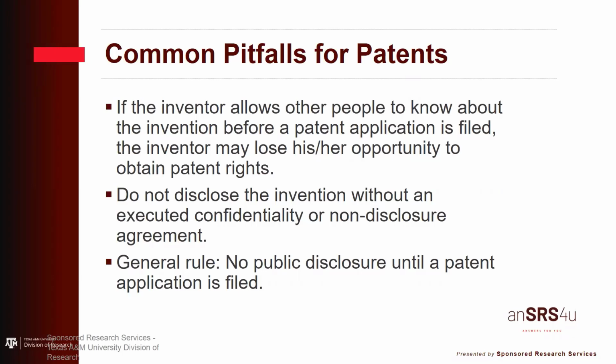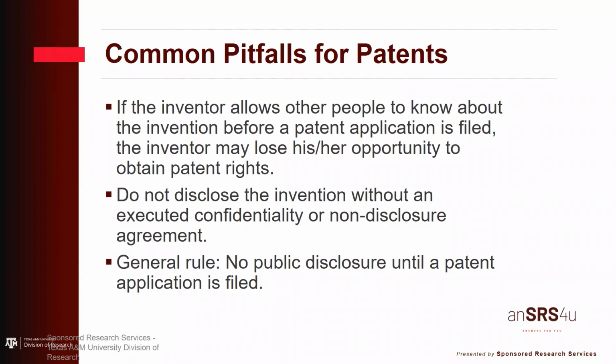For example, overseas, they have what's called an absolute bar. What we mean by that is, if you disclose before you file a patent application, you cannot obtain any rights overseas, like in Europe. In the US, you do have a 1-year grace period, but you lose the overseas rights. So once you disclose it in the US, you have 1 year to file the patent application.